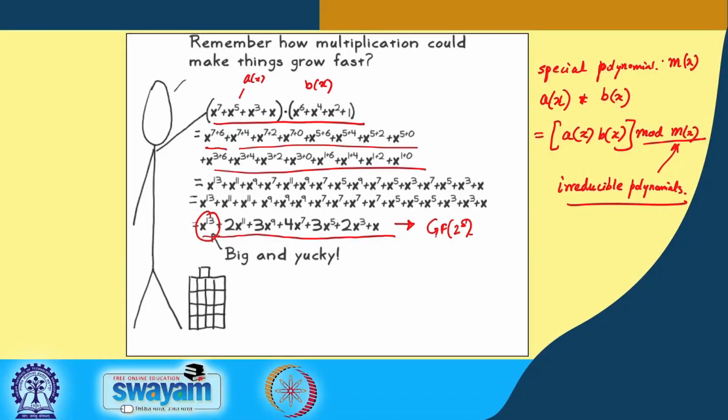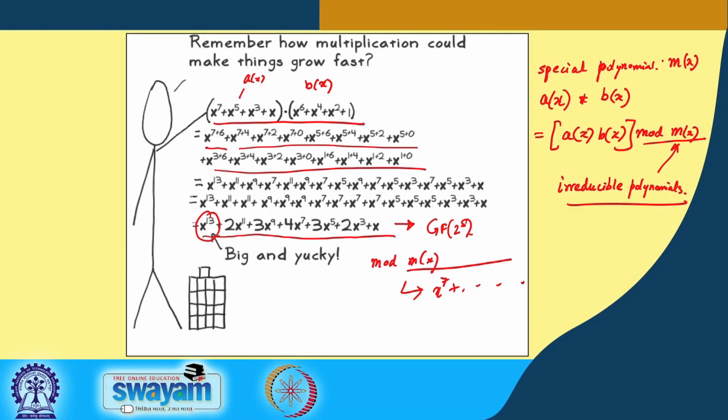Suppose you have this polynomial, I want to do a modulo with m(x), such that the remainder has x power of 7 as its degree. So then what should be the degree of this m(x)? It should be 8, because if it is 8, then only I will get this as 7. So x power of 13 will go to 5.